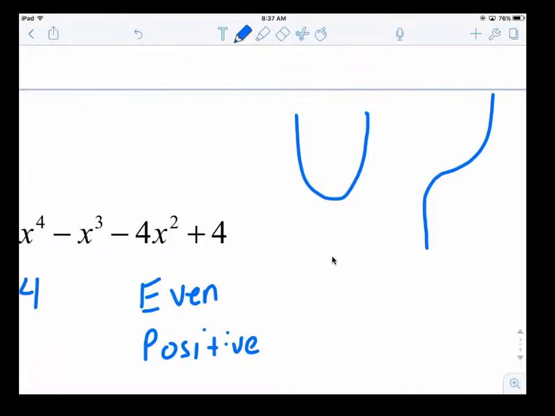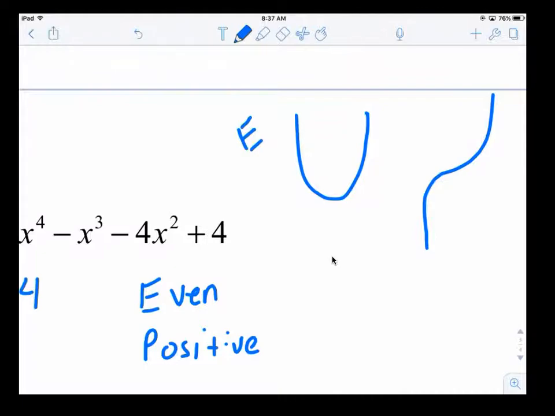Kind of like that. Any polynomial that's an even power is going to look very similar to this. It has the same properties as an x squared. And if it's an odd power, it's going to look very similar to that. So that's really the only two graphs that you need to memorize.